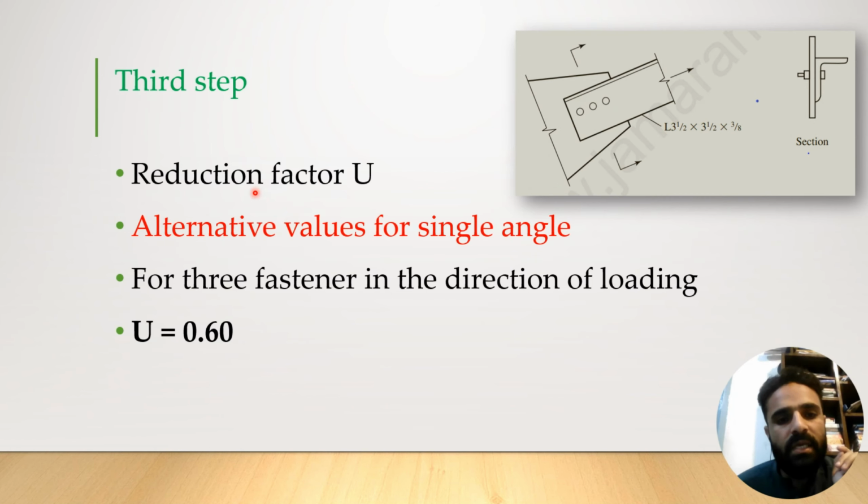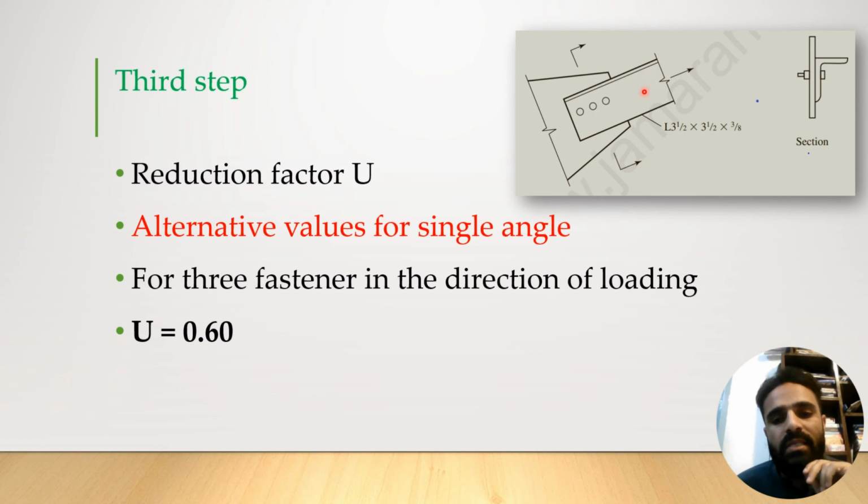So the third step is finding the reduction factor. For effective area we need a reduction factor applied to the net area. In the last slide we found the net area for this section. In this slide we will be determining the shear lag reduction factor U. Here the section is an angle section.